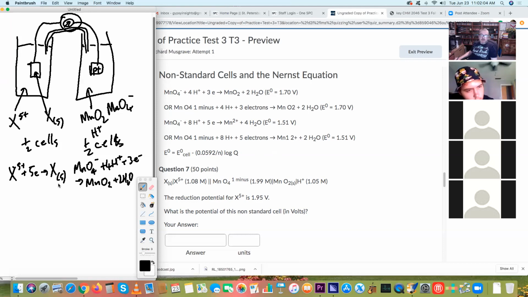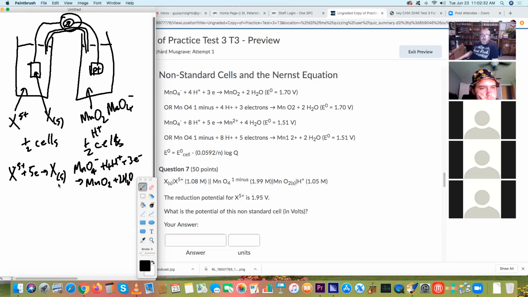They're always on the left side. And in any tables you're looking at that involve these half reactions, they're always given as reductions. But let's focus on that X5 plus plus 5 electrons gives X solid. Is everybody okay with that? How I come up with that?